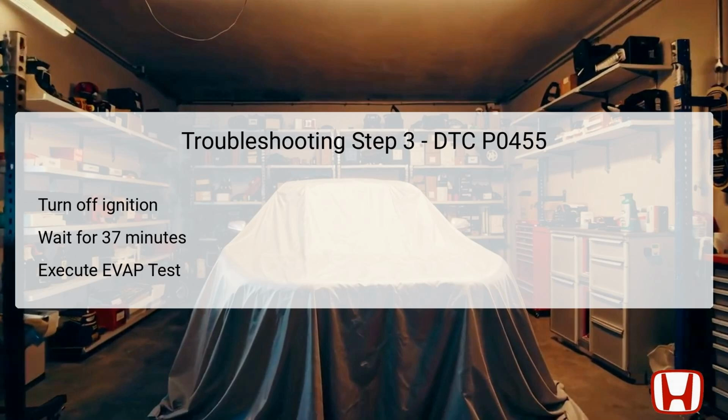This waiting period allows the EONV method to execute, enabling the PCM to monitor fuel tank pressure for detecting the presence of any leaks accurately. Once this period is over, connect the Honda Diagnostic System, HDS, to perform the EVAP test within the inspection menu. Executing this diagnostic test will either confirm the integrity of the EVAP system or reveal any further complications needing attention.